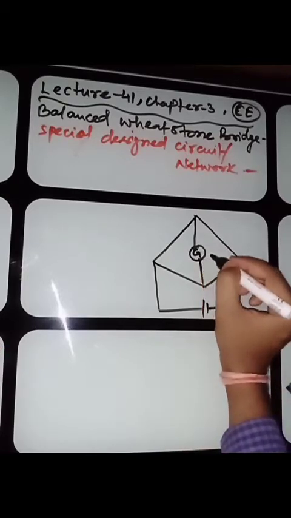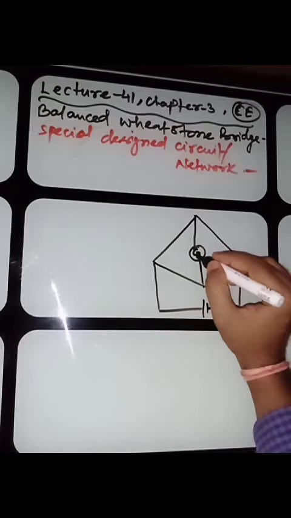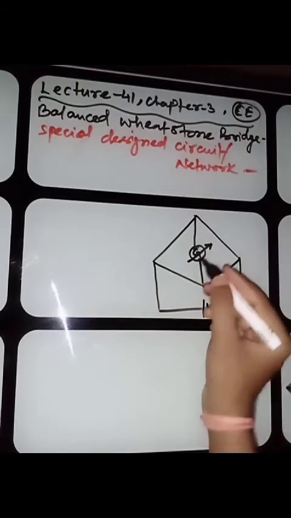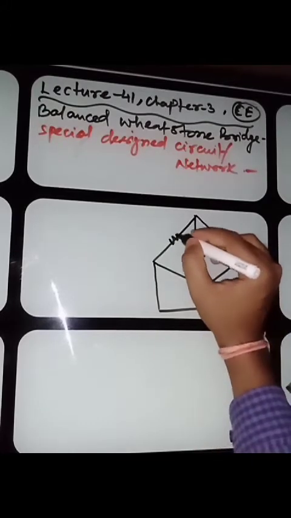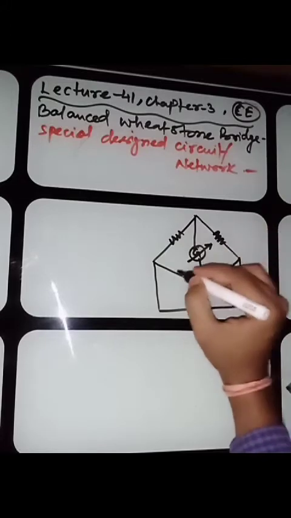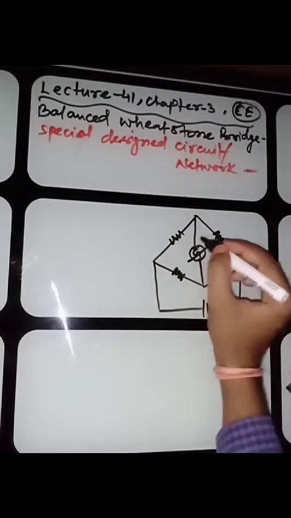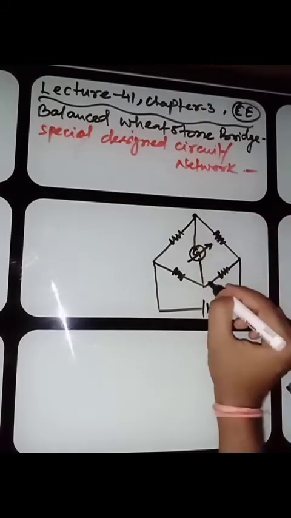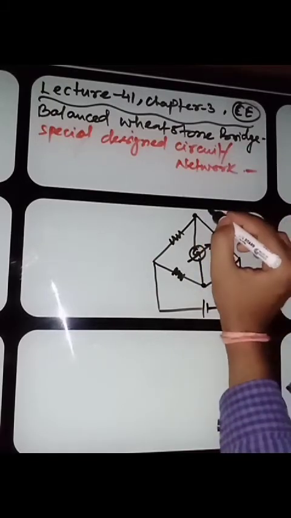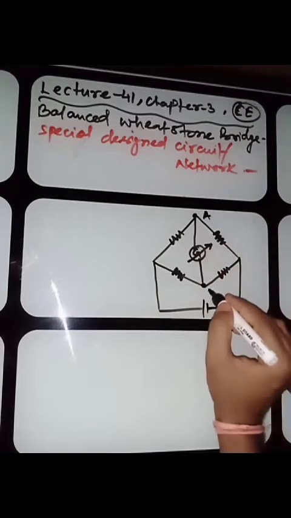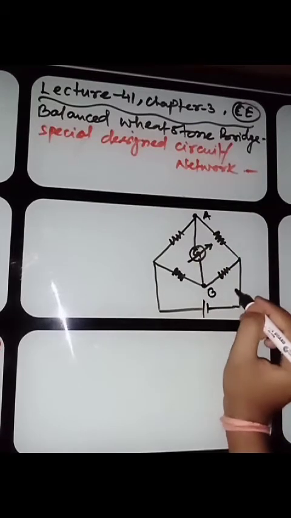This galvanometer is used to detect the flow of current in any circuit, and to find continuity. Remember, this galvanometer can also be converted into different instruments like a voltmeter or ammeter. Here the 2 points, I'm writing A and B.